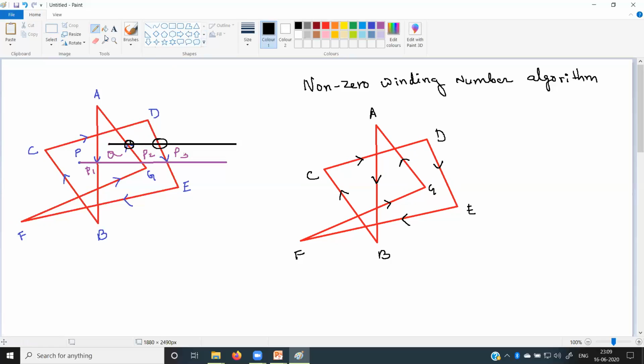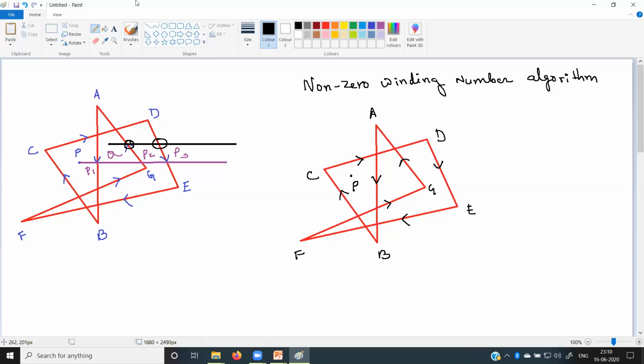To do so, the same technique we will apply. Let us take a point P. We don't know whether the point P is inside the polygon or outside of the polygon, because we don't know whether this is in the exterior region or the interior region.